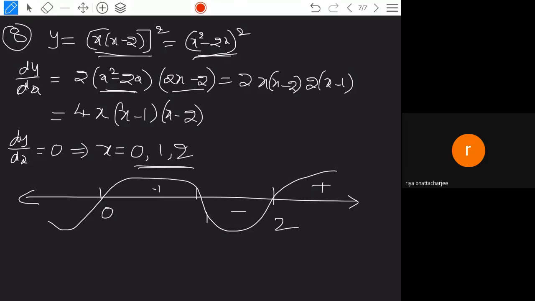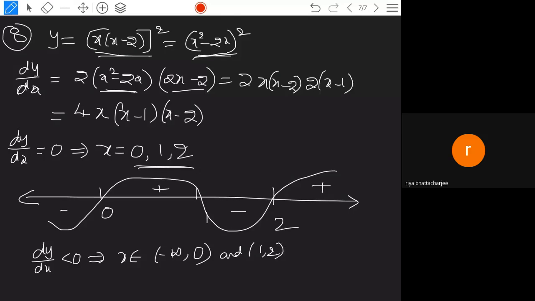In what intervals is dy by dx negative? dy by dx is less than 0 implies x belongs to minus infinity to 0, and also 1 to 2.